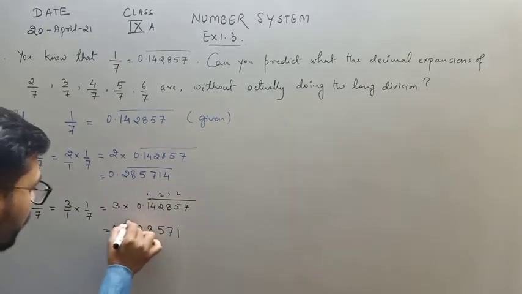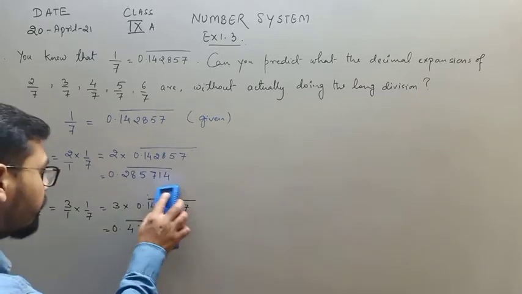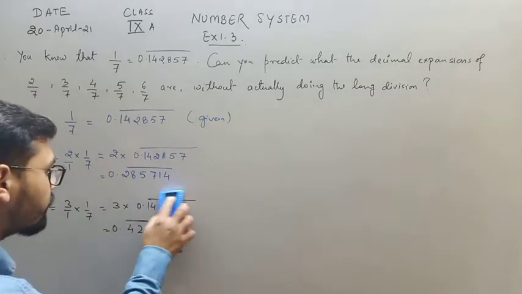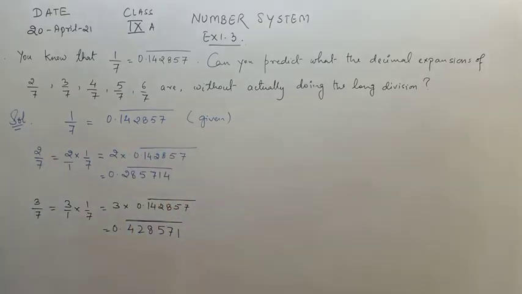So 0.428571 bar. This is the value for 3 upon 7 without using long division. So without using long division, I get the answer. Please note it down fast.